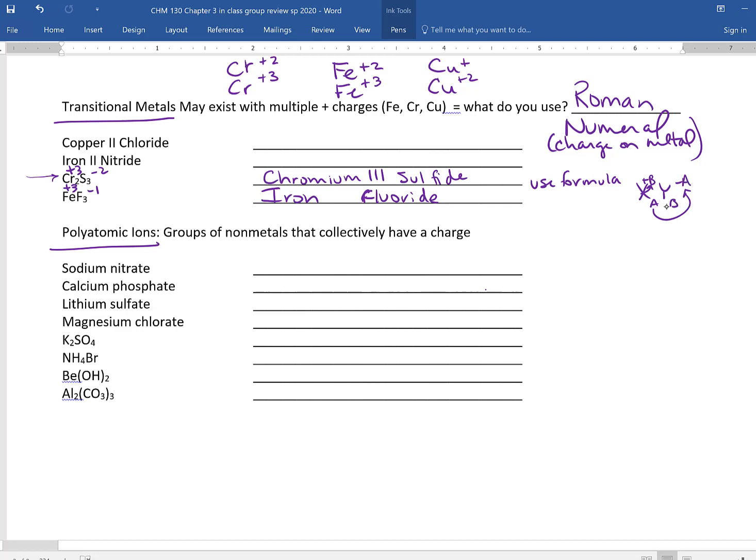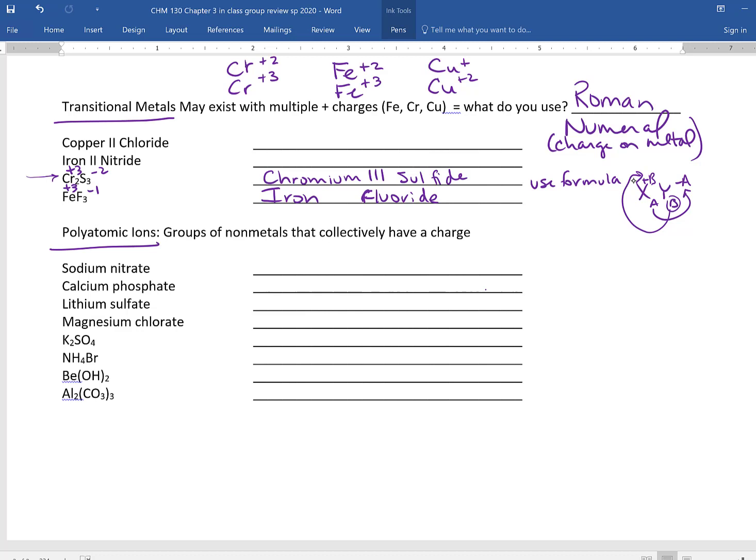The number at the non-metal would tell you the positive charge of the metal. Just like if I give you the name, you can figure out the formula by assigning charges and swapping, going the other direction. I would kind of call this a reverse swap.